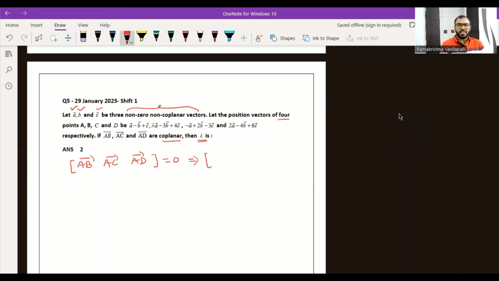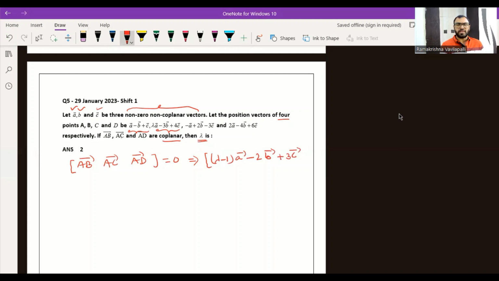So this implies, box of, here you see what is the AB bar vector. Subtract the first point from the second point. So you will get lambda minus 1 into A bar and minus 2B bar, and 4C bar minus C bar plus 3C bar.